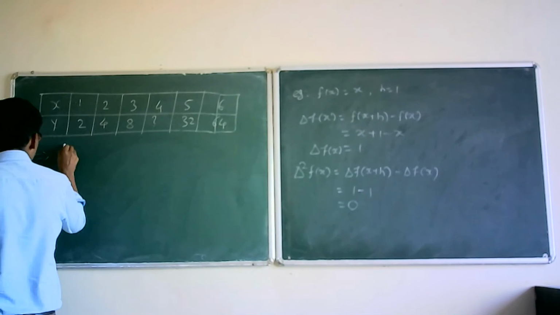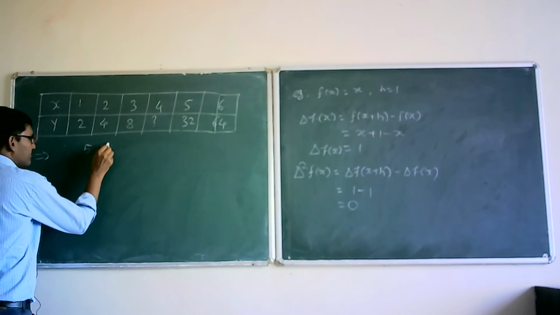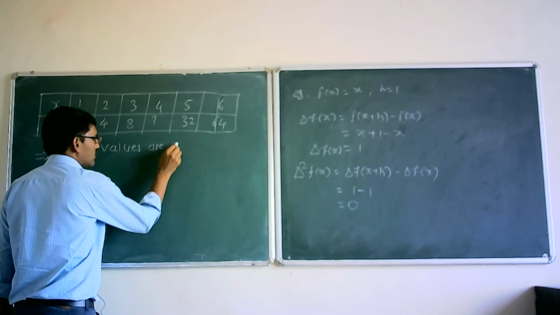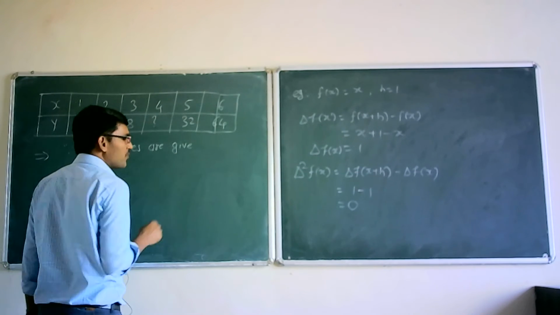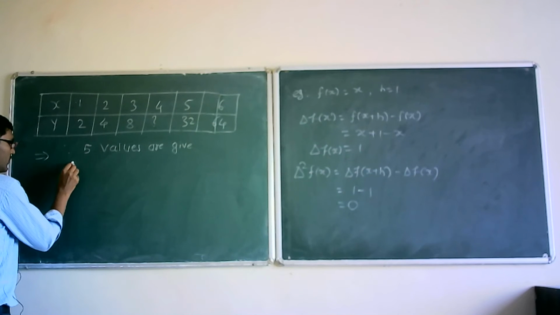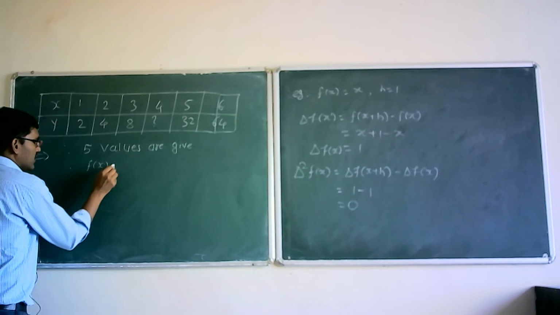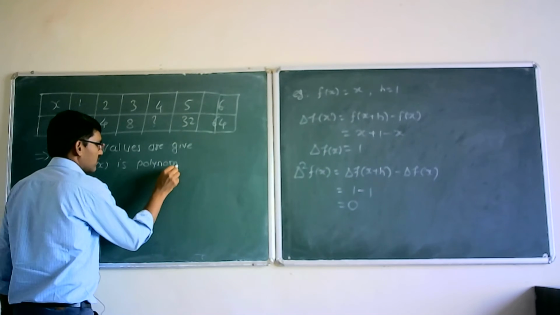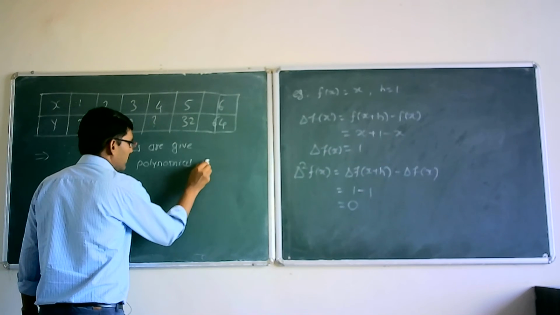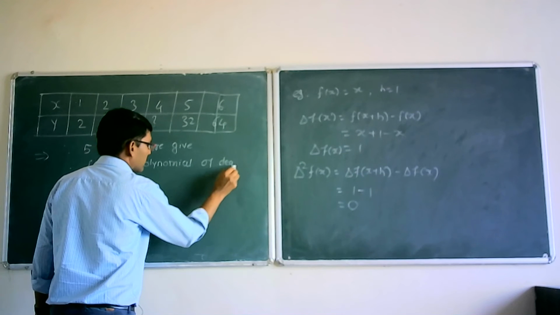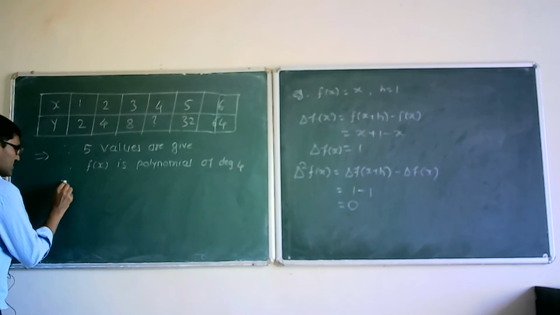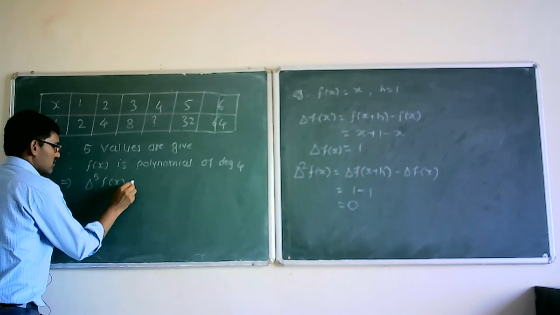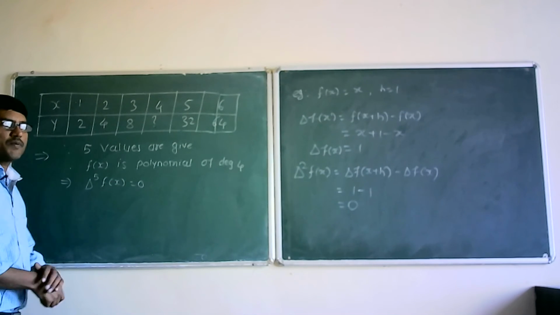So here, since 5 values are given, f of x is a polynomial of degree 4. And what does this imply? This implies the fifth difference of f of x is 0.